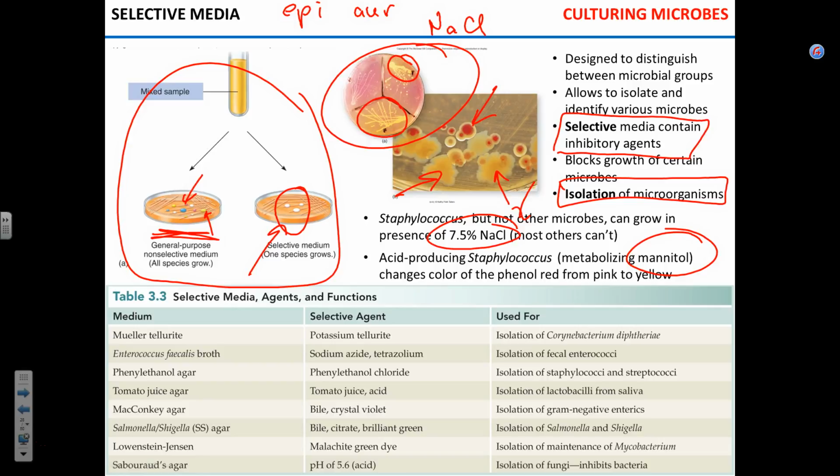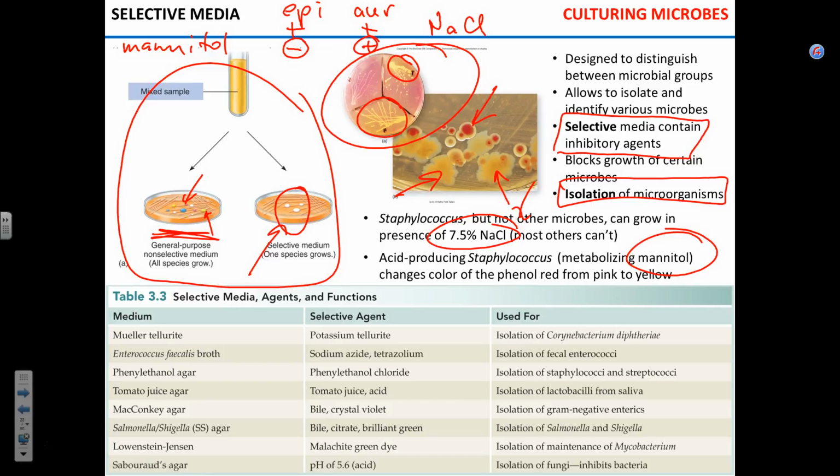Yeah, they can. Okay, so they can grow. What about mannitol fermentation? Turns out this guy does not ferment mannitol. This guy does. So you can start to recognize the species. Does that make sense? By changing the color of the medium.